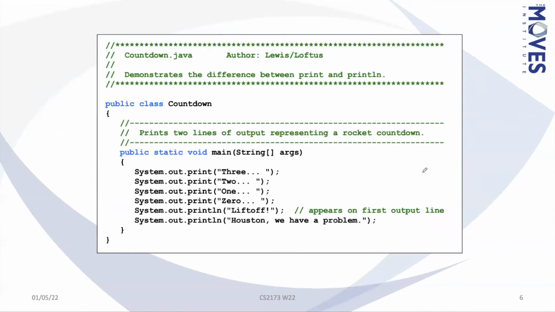So as an example from the book, we can see that here there are 3 print statements followed by another println statement and then another println as well.